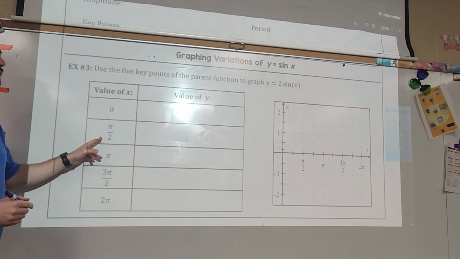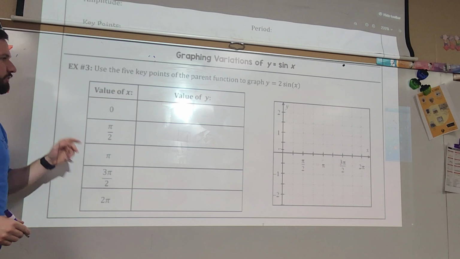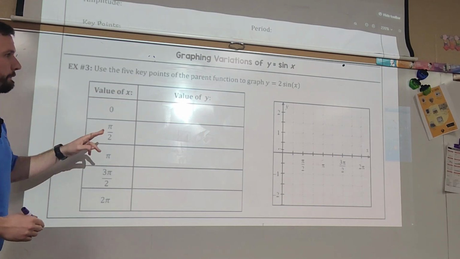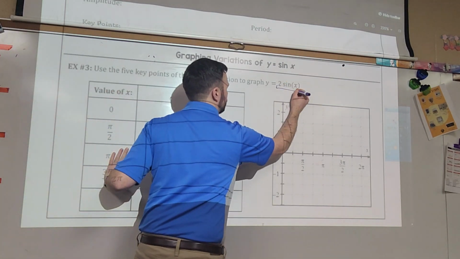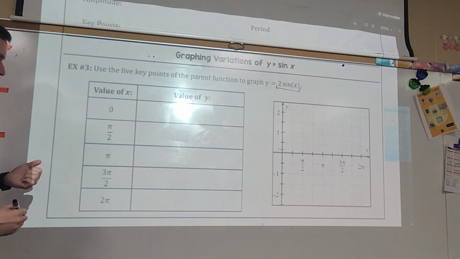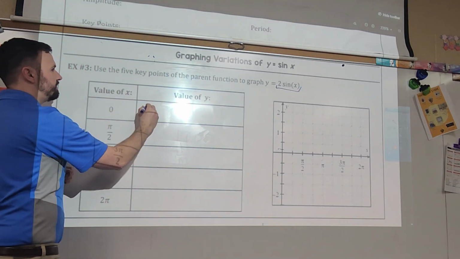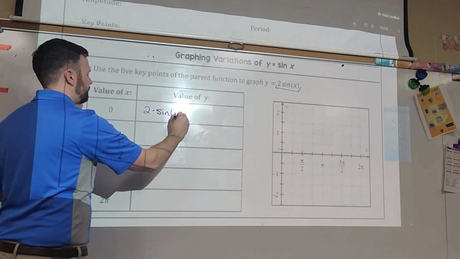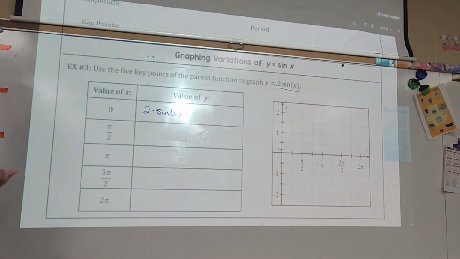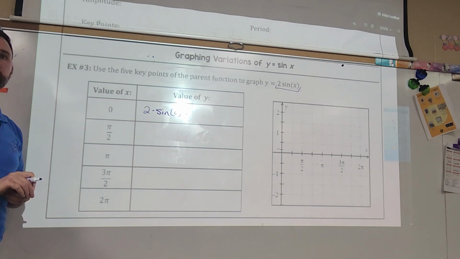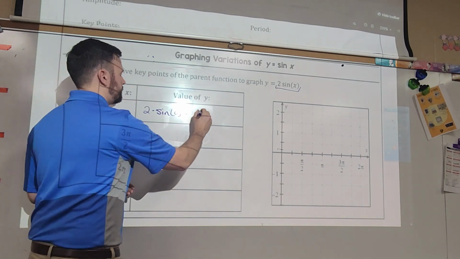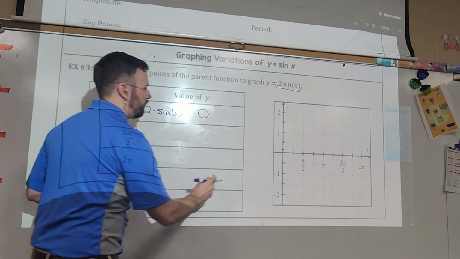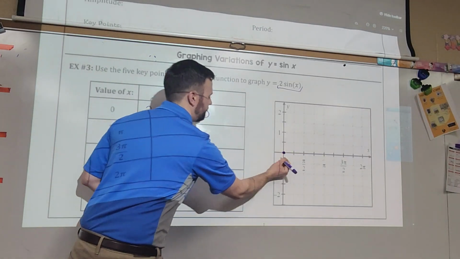They're the corners, like the sides and tops and bottoms of my unit circle, right? So, what am I graphing? It's 2 times sine of x. Okay. So I'm going to plug in 0. What's 2 times sine of 0? Well, what is sine of 0 according to the unit circle? 0, right? So that's still 0. So I have the point 0, 0.